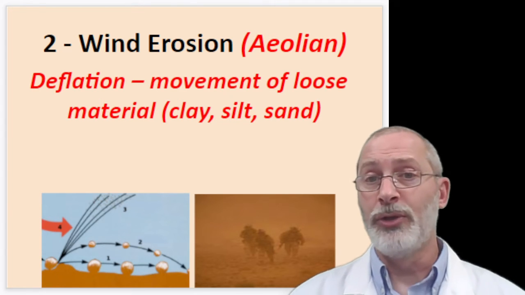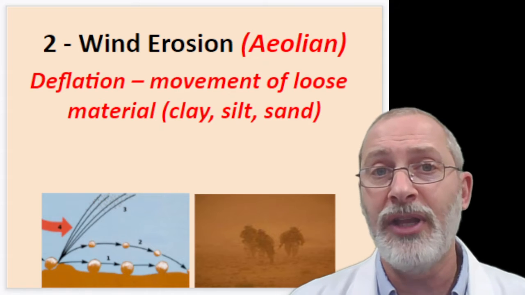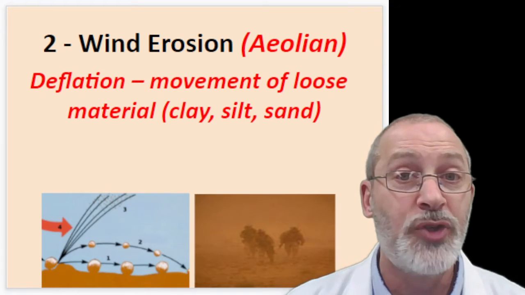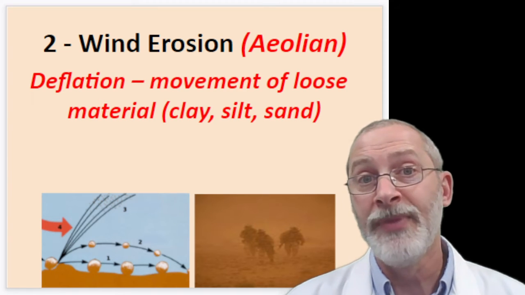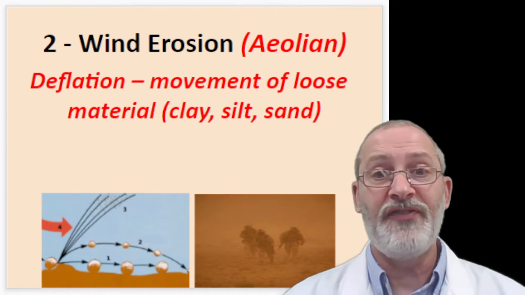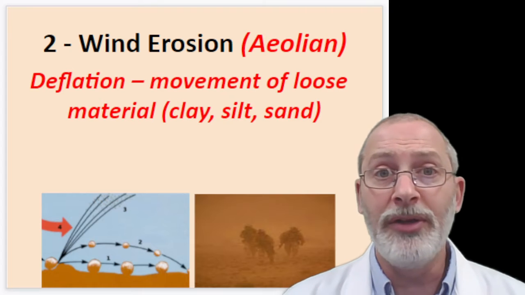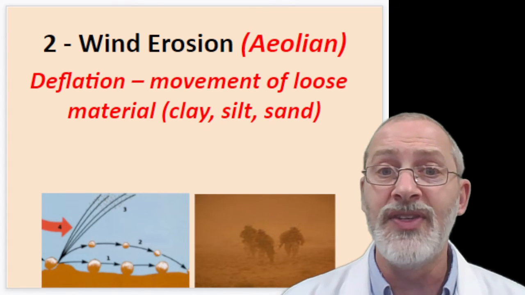And when we talk about loose material, we're referring specifically to particles of soil, clay, silt, and sand. Clay is much finer, much smaller than silt, which is smaller than sand.